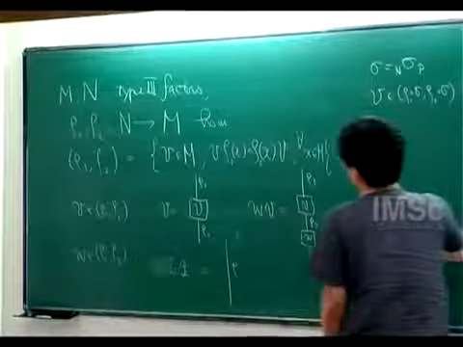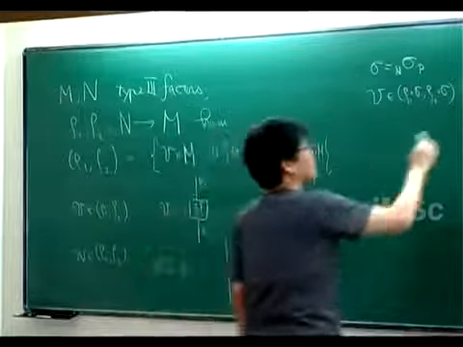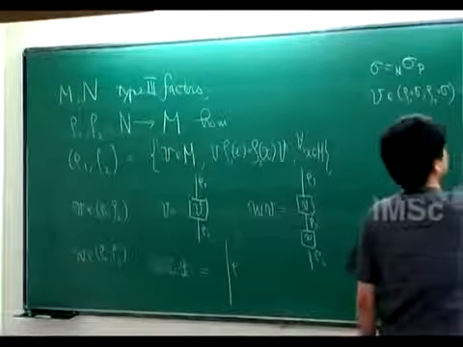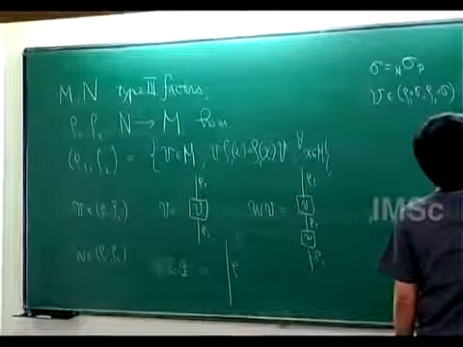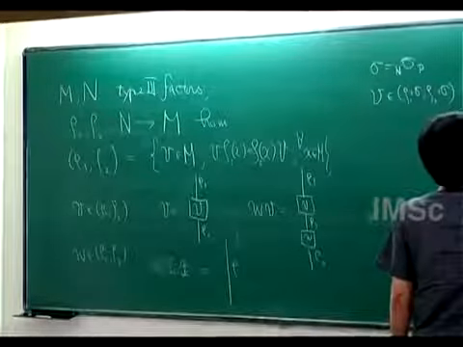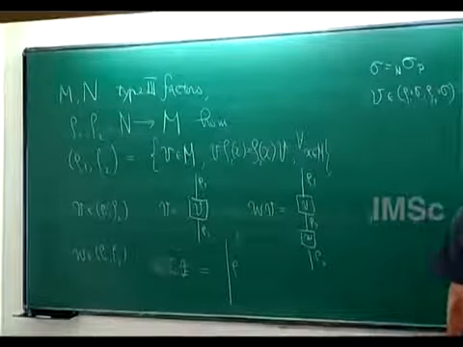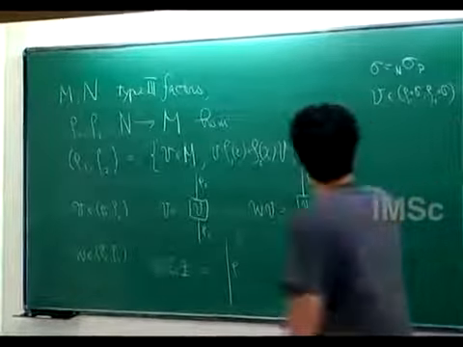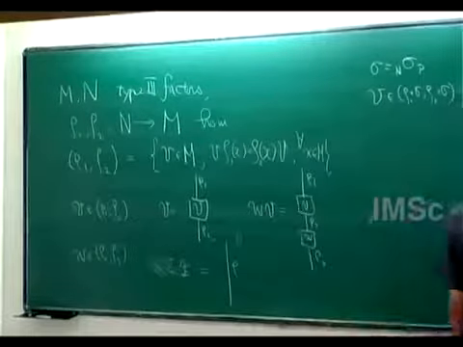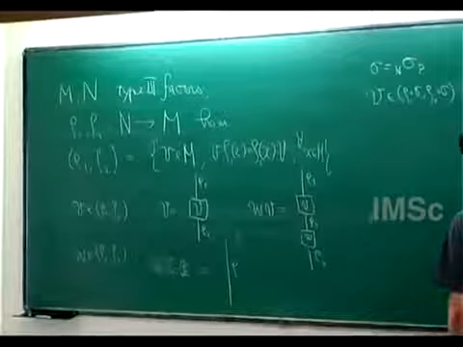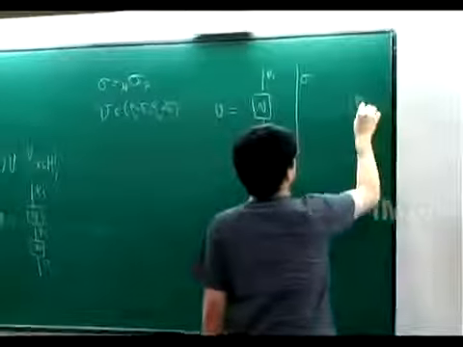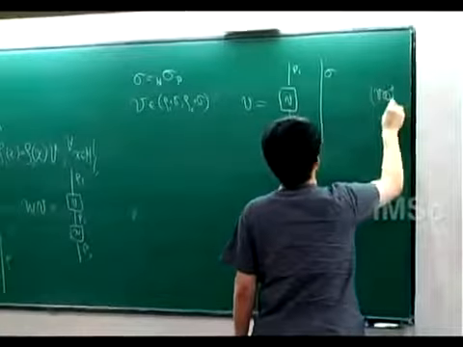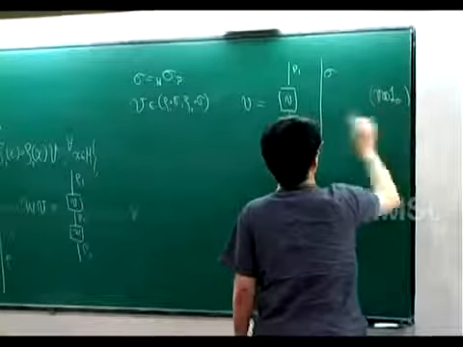So the same operator V is also expressed by this picture. In tensor category notation, this is usually written like this.